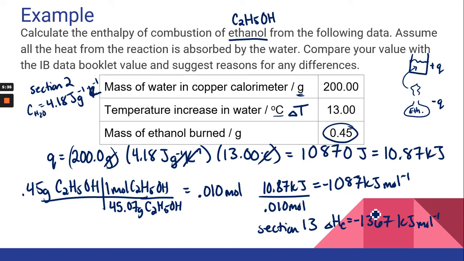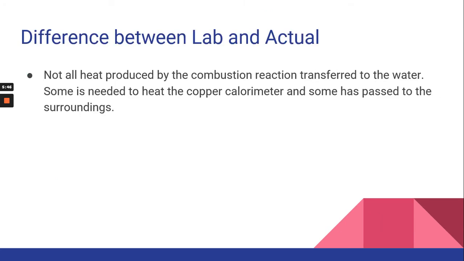So what's the difference? Why are we missing like 300 kilojoules of heat? Where did that go? Well, when you're in lab, one of three things could happen. Maybe not all of the heat transferred into the water, and so you lost some heat to the surroundings. It's going to lose heat to the surroundings unless it's in a completely isolated, insulated container, which is called a bomb calorimeter.